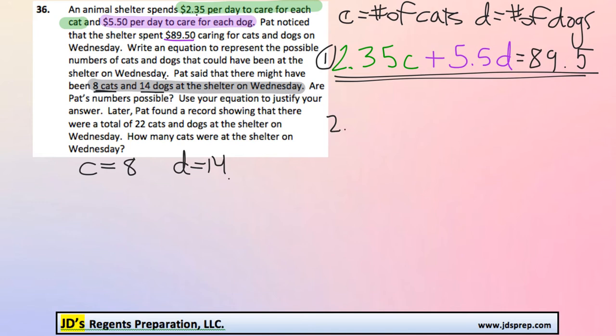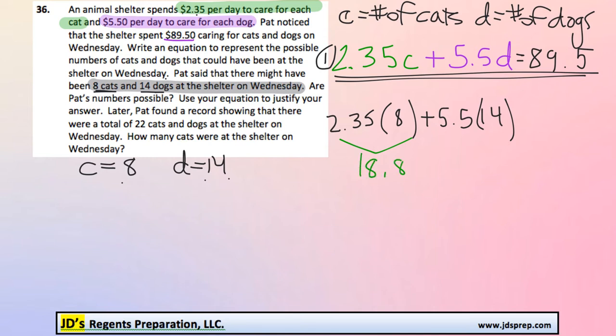I'm going to do 2.35 times C, which is 8, plus 5.5 times D, which is 14. And then let's add these together. Or sorry, multiply. So 2.35 times 8 is 18.8, and plus 5.5 times 14 is 77.